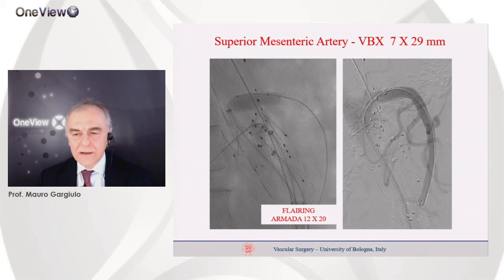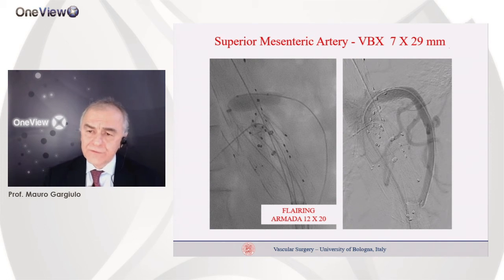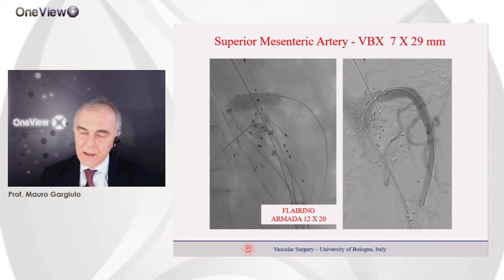And again, here I think it's important to stress that in patients with fenestration, the use of the VBX, which is very flexible, decreased in our experience the use of adjunctive procedures like the use of self-expandable bare stents that sometimes we needed in the past to decrease the angulation of the SMA in the distal segment of the stent graft inside of the SMA.